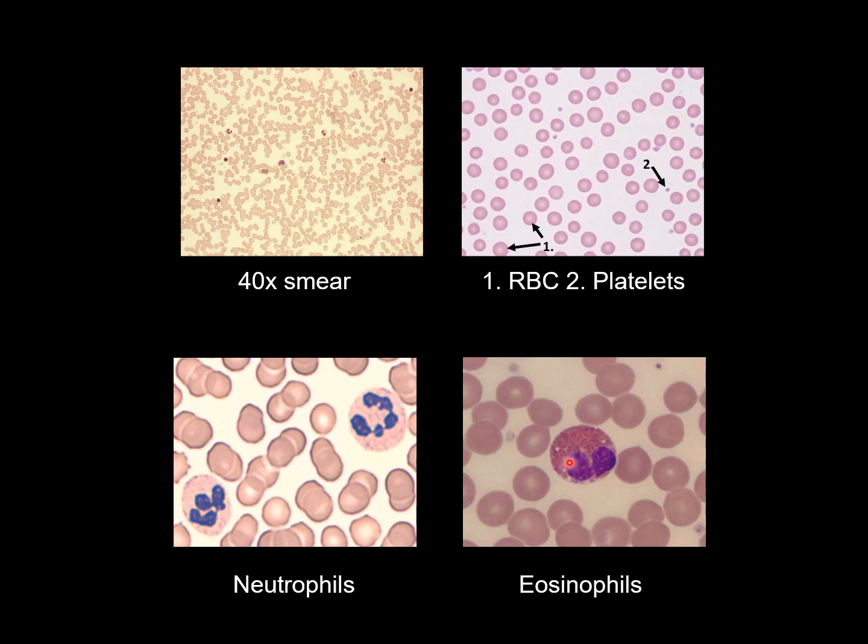Also, if you notice, the nucleus is not as lobed, right? This one's got 1, 2, 3, 4, 5 lobes. Maybe this one's got 4 or 5 as well. This one only has 2 lobes. So very different. We don't call it multi-lobed like we do for the neutrophils.